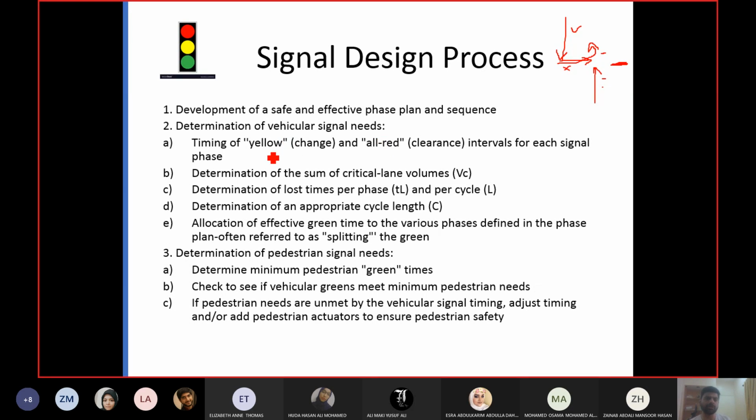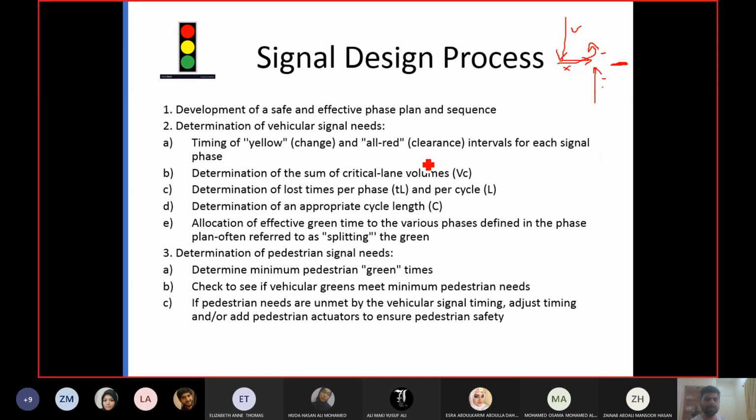First of all, you will calculate yellow and all-red intervals, which are also known as change and clearance intervals for each phase. For the yellow interval, we have already done it using the stopping sight distance in chapter 3. But don't worry, I will show you the equation again in the next lecture. So the yellow interval we know how to calculate.